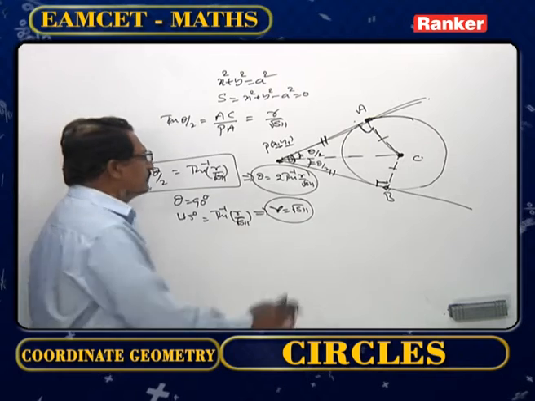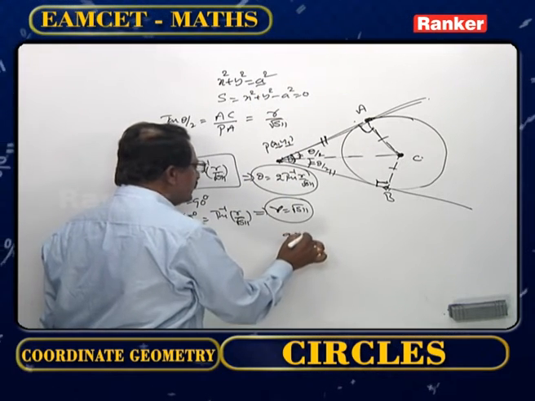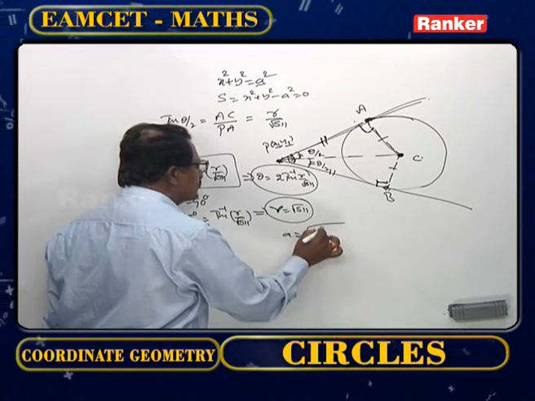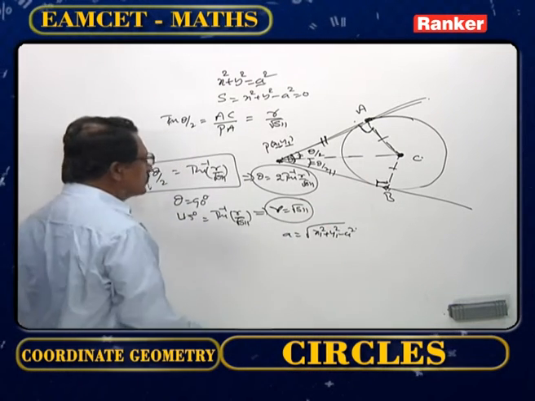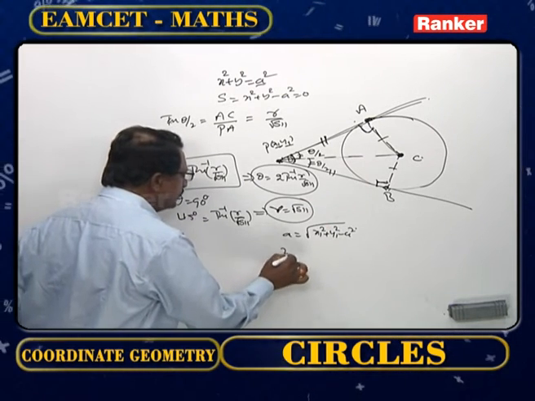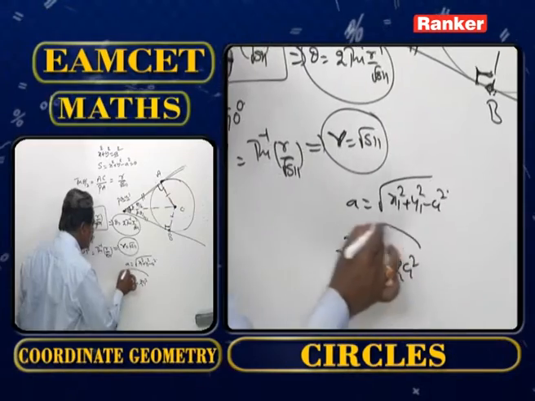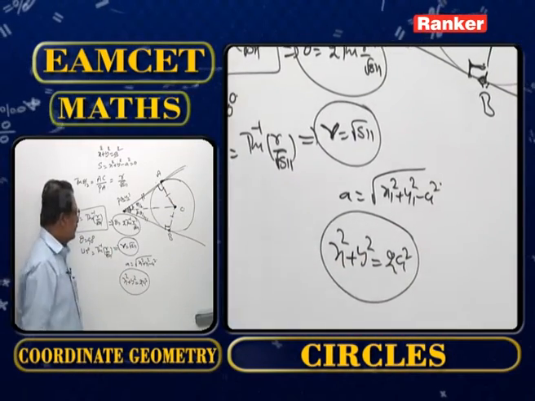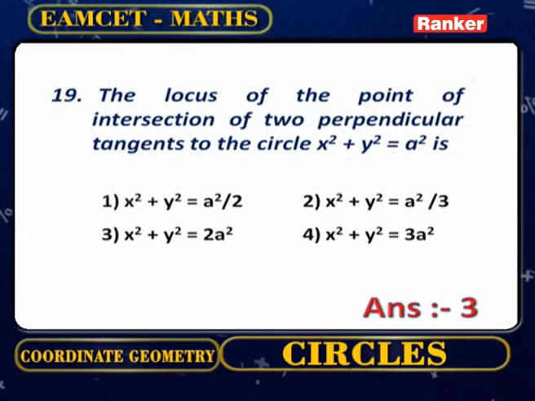The radius of the given circle is a, so a equals root of x1 square plus y1 square minus a square. Squaring on both sides and simplifying, we get x square plus y square equals 2a square. So the locus of the point of intersection of perpendicular tangents is x square plus y square equals 2a square.